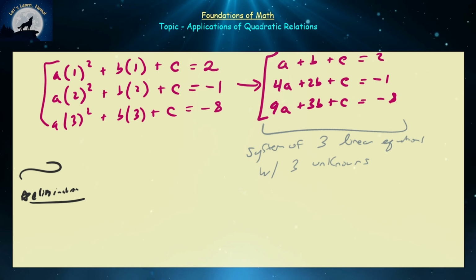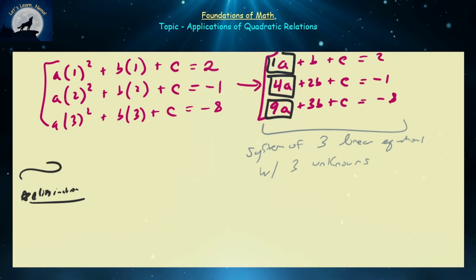So our goal is to look at these coefficients 4, 9, and 1 and ask ourselves the following question. Is it possible that we can turn 4 into 0 by multiplying 1 by something, multiplying 4 by something, and then combining those 2 results in order for that 4 to turn into a 0? Yes.